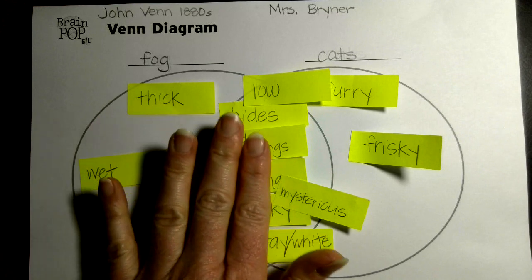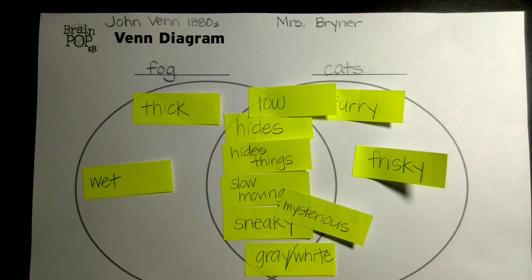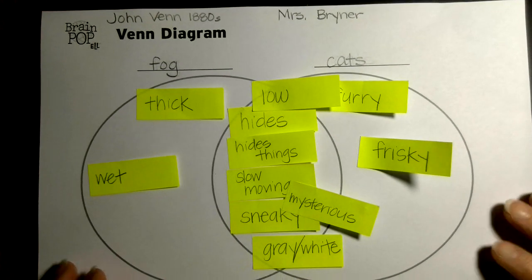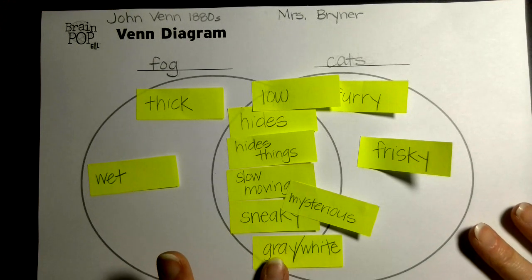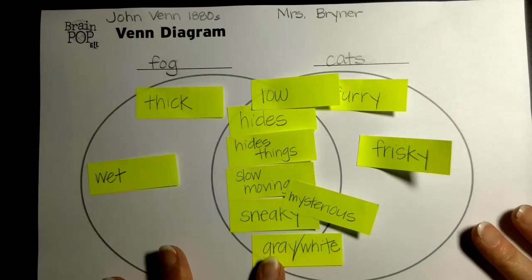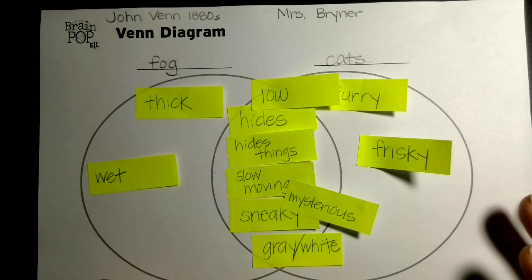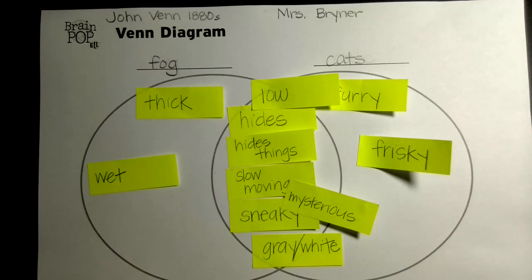So do the same thing with your post-it notes, all right? And you can see that there are actually a lot of things that both fog and cats have in common. So look at that. Fog and cats are alike in many ways.